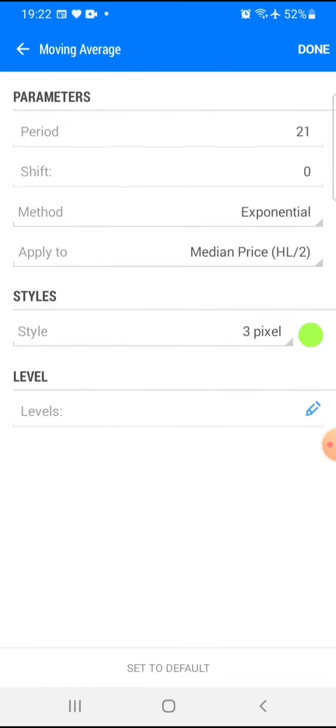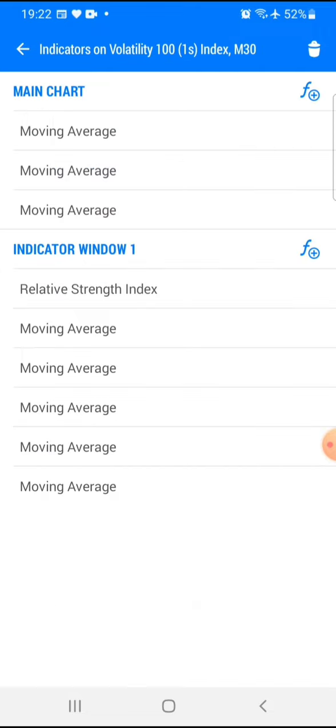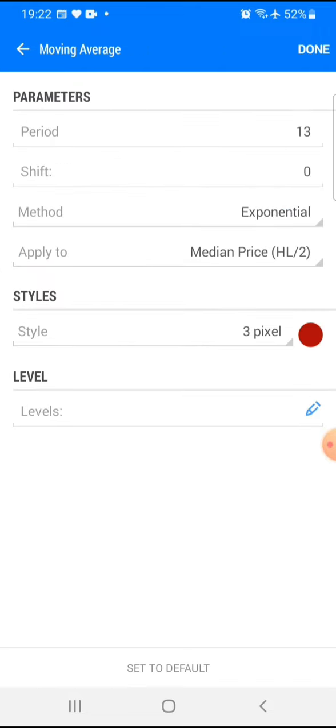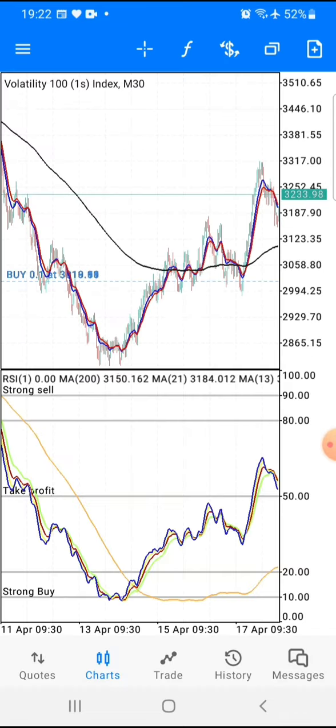And the next one we have moving average, period 21, shift 0, method exponential, applied to median price, style is 3 pixels in that color. The next one we have period 13, shift 0, method exponential, same things, median price, style is 3 pixels in that color.